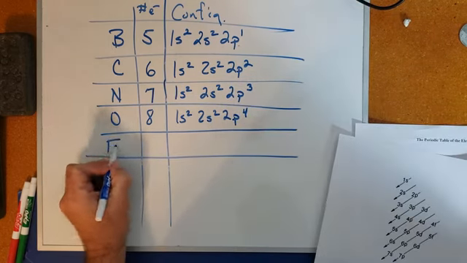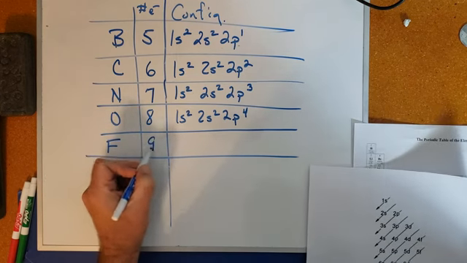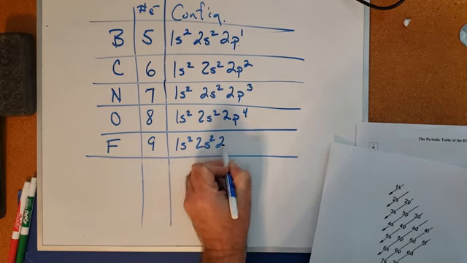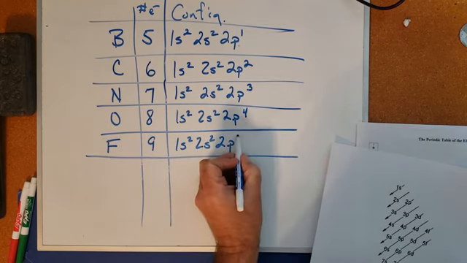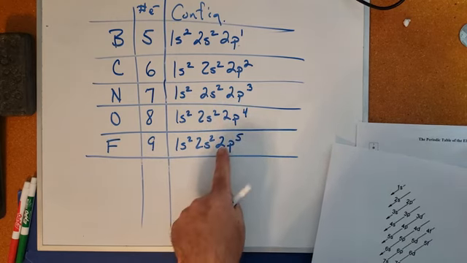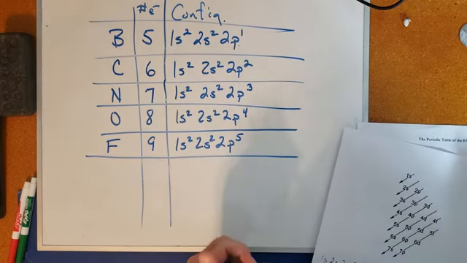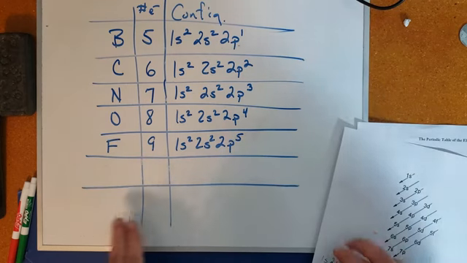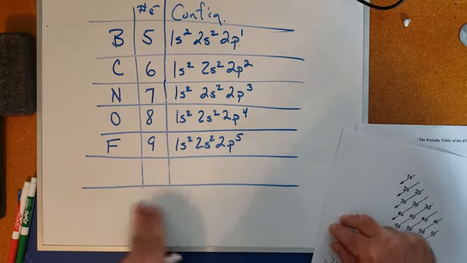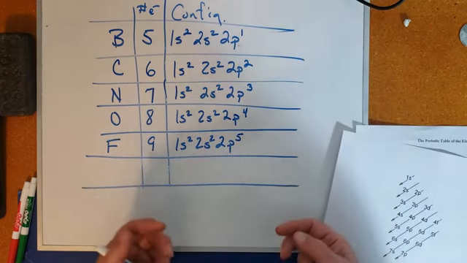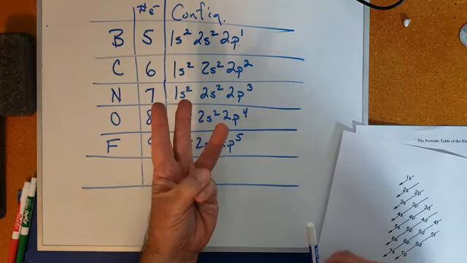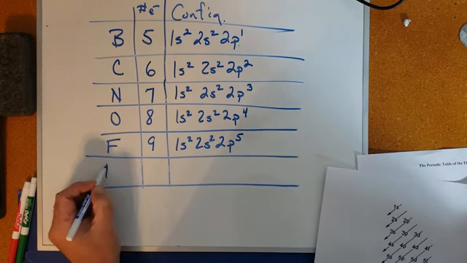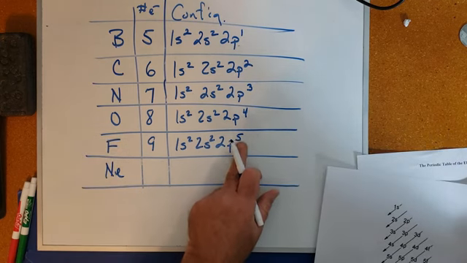After oxygen comes fluorine, element number 9: 1s2, 2s2, 2p5. How much further can I continue adding electrons to the 2p orbital? Well, what's the maximum number of electrons in a p orbital? Actually, I should say in a set of p orbitals. P orbitals come 3 to a group, so we can hold a total of 6 electrons.